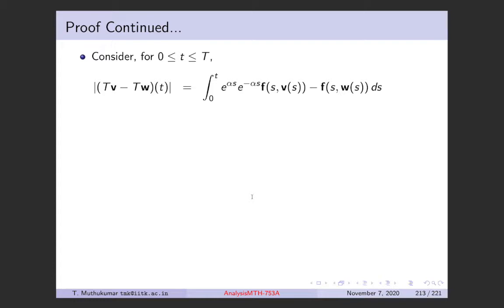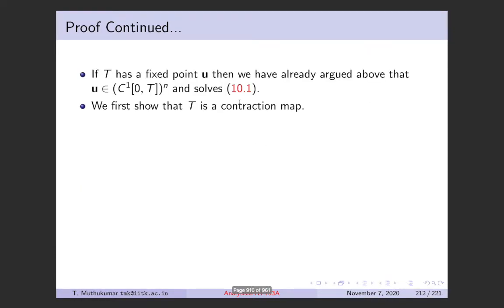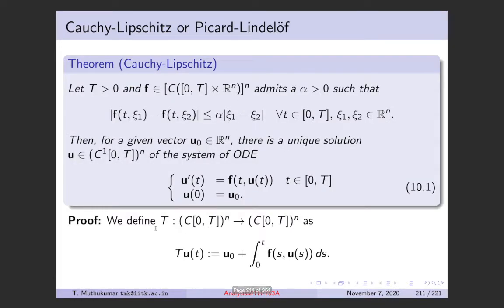So to show contraction, we look at Tv minus Tw for two different v and w, right? So we look at this now. By definition, this is this, right? Tv minus Tw, T is defined like this, so the u naught will be cancelled.